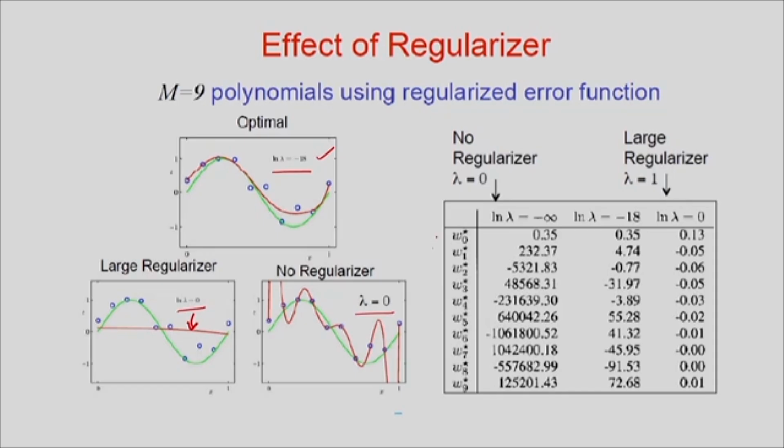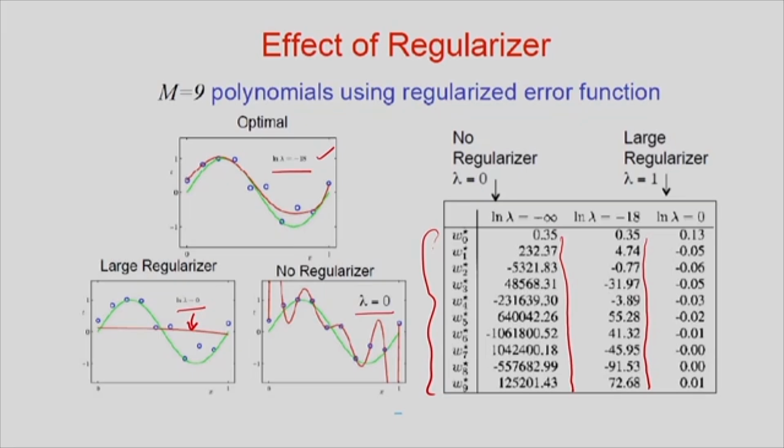So you can see here the values of the coefficients corresponding to no regularization. ln λ equal to minus infinity means no regularization, and the oscillation takes place, and corresponding to ln λ equal to minus 18 you have these values of the coefficients, and that is the most optimal representation. So that is the effect of the regularizer to minimize the overfitting, because the problem is because of the overfitting.